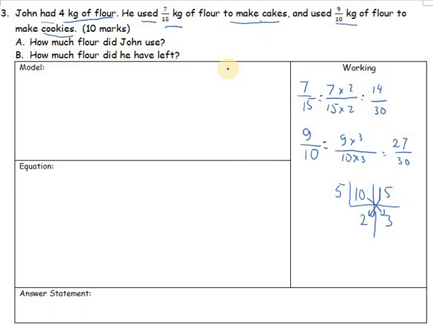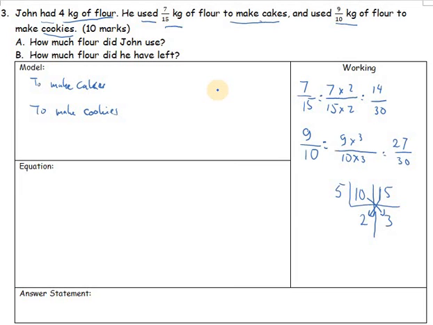Okay, what we need to do after that is draw the model. Let's just draw one model. To make cakes, and to make cookies.